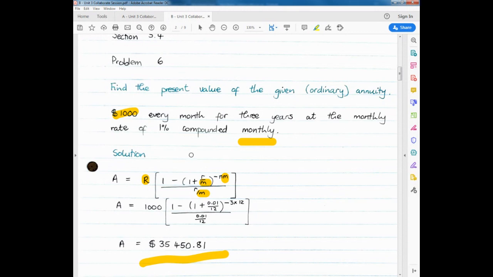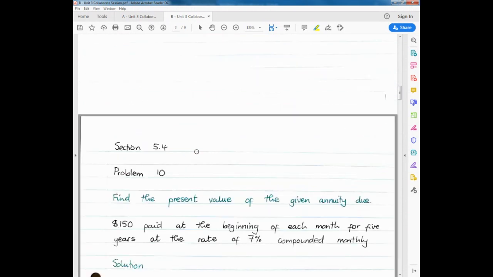The next problem is problem number 10, and instead of looking for the ordinary annuity present value, we're now looking at the annuity due. Okay, so in this case, we have $150 paid at the beginning. So it explicitly says at the beginning.